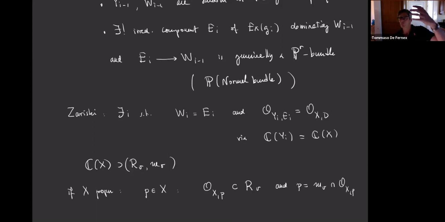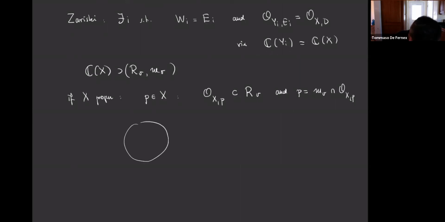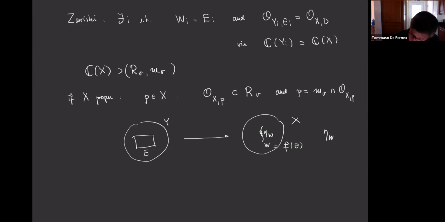And in fact, if you have a divisor E on some model Y with a map down to X, suppose W is the image of E, and you look at the generic point of W. This generic point of W is also what sometimes people call the center.